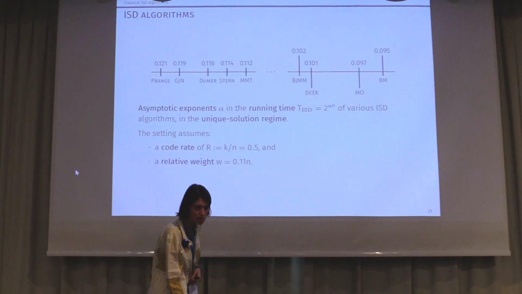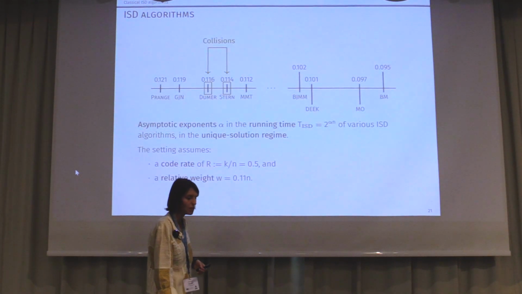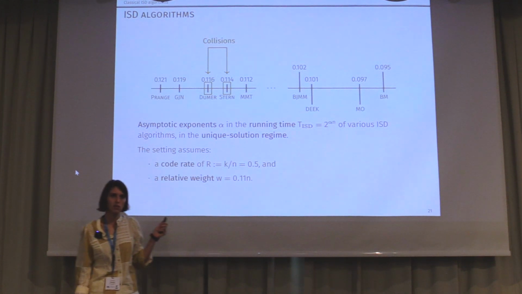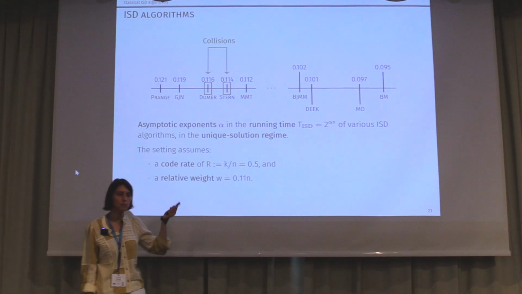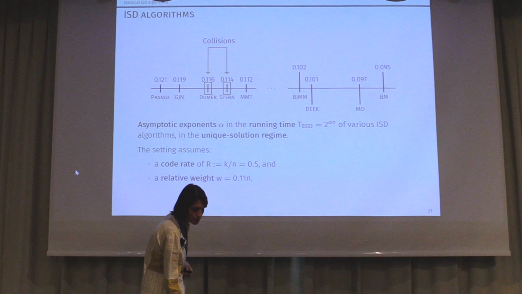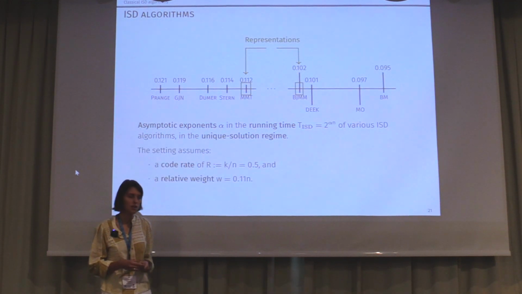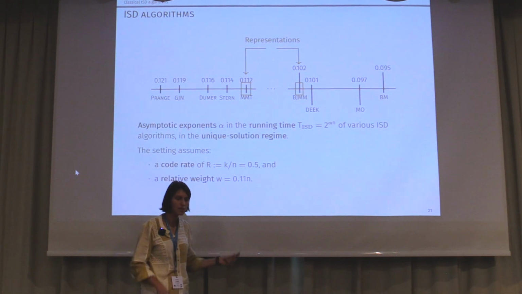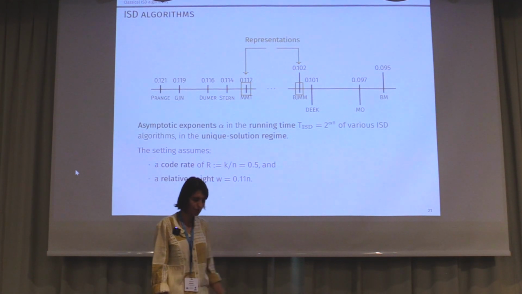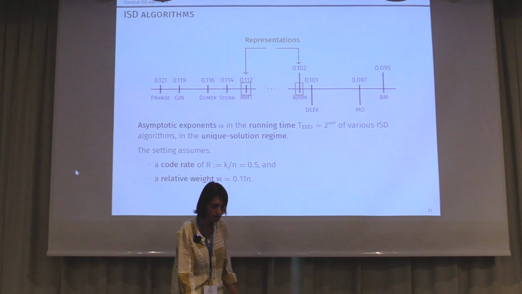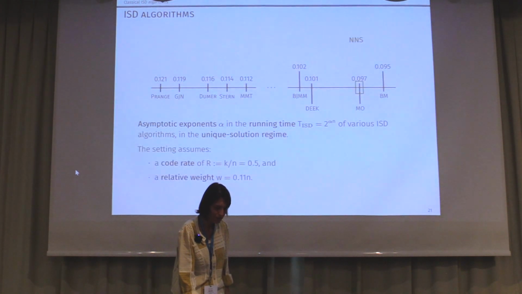But if we want to see how it chronologically improved, we can start from the PRONJ algorithm, that was the basic one. Then we introduced collisions that correspond to the Stern and Dumer algorithm. We obtained some improvements. Then we introduced the representation techniques that were combined with some of the previous things, but representations were something new. And then we moved farther on the curve.